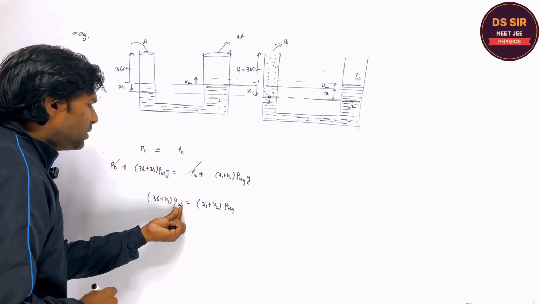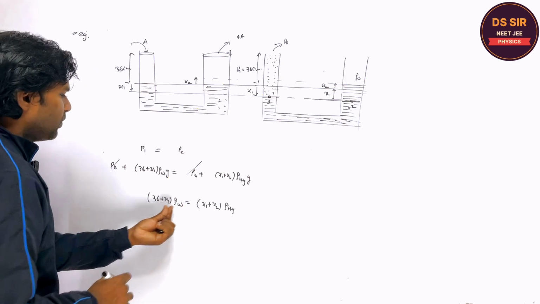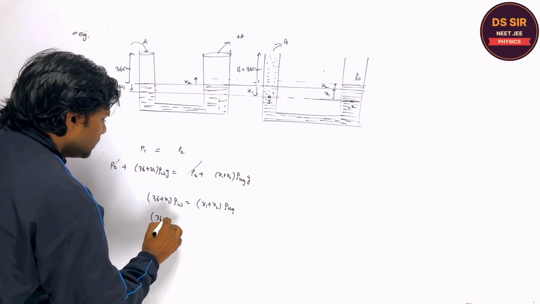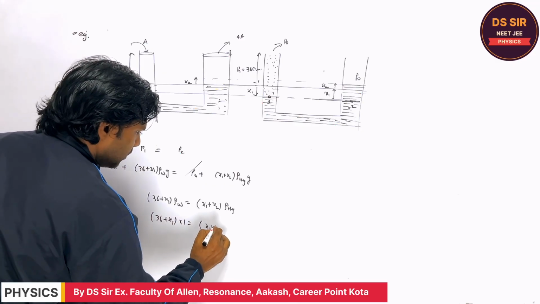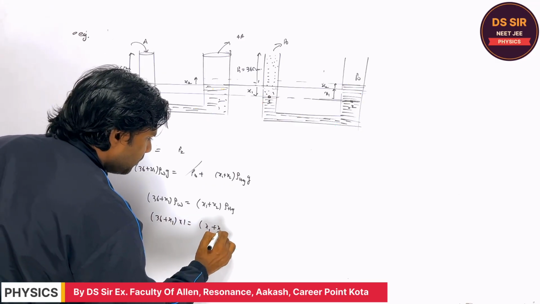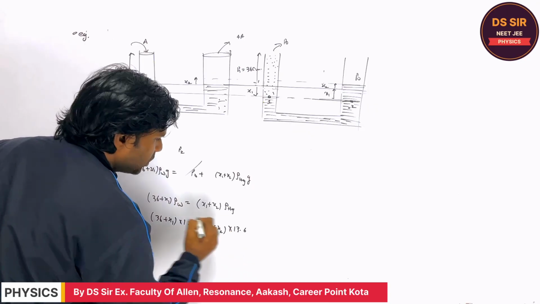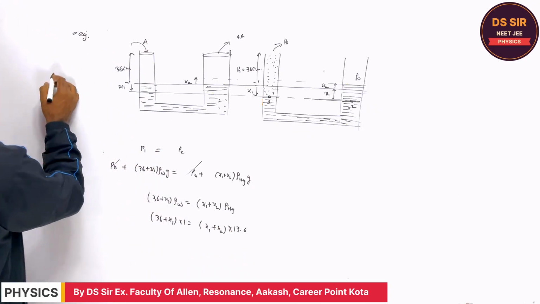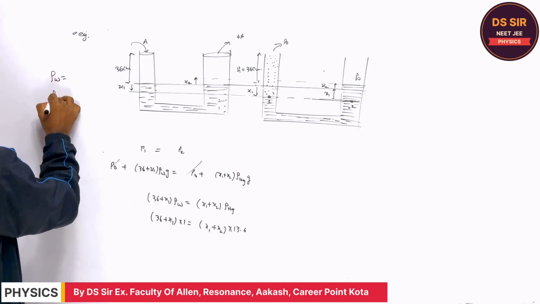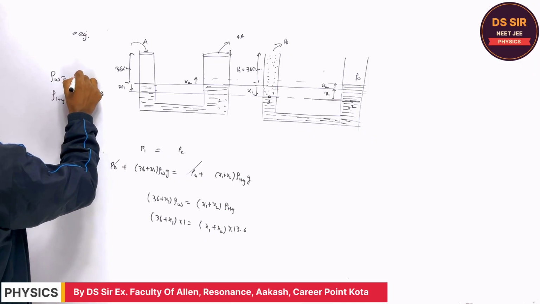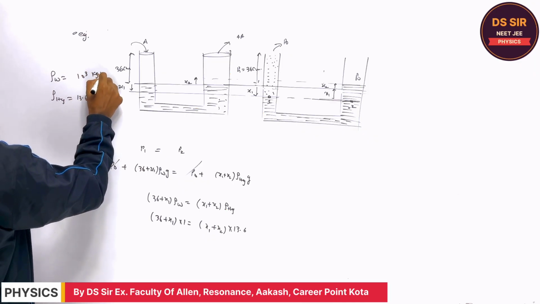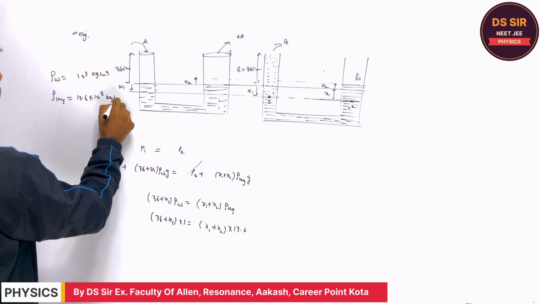Do you remember the mercury and water densities? 36 plus x1 into 1 gram per cc. If you remember, the mercury density is 13.6. Since the very first day, I told you the water density and the mercury density: 13.6 into 10 to the power 3, and this is 10 to the power 3 kg per meter cube.